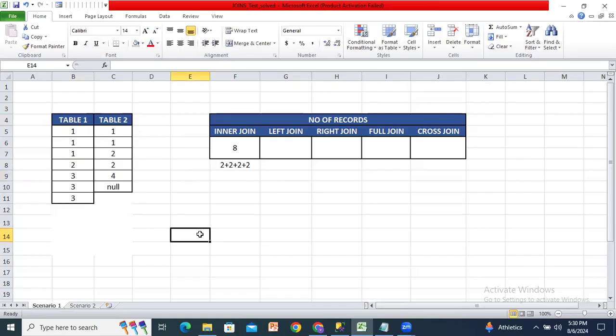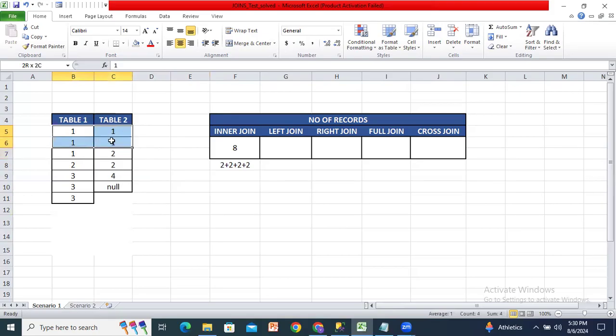So this way we have to check the matching records for inner join. My shortcut suggestion is to count the number of records for each value. How many records of 1 are there? 3 records in table 1. In table 2, how many? 2.